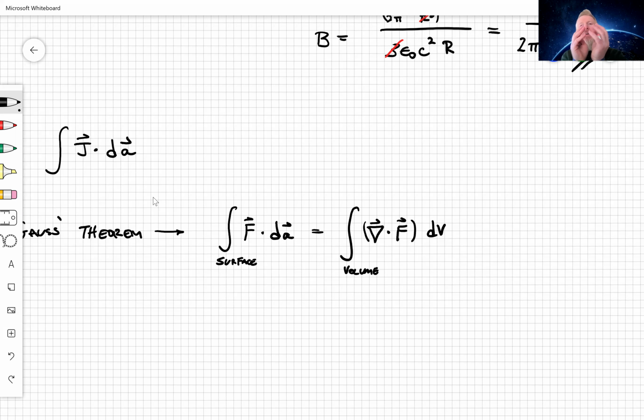And then you can also think of, well, how is the field diverging inside the volume, right? In this sense, this is known as the divergence of the function f.